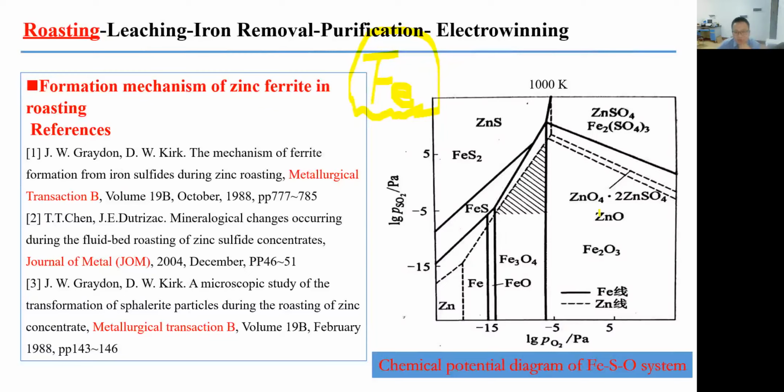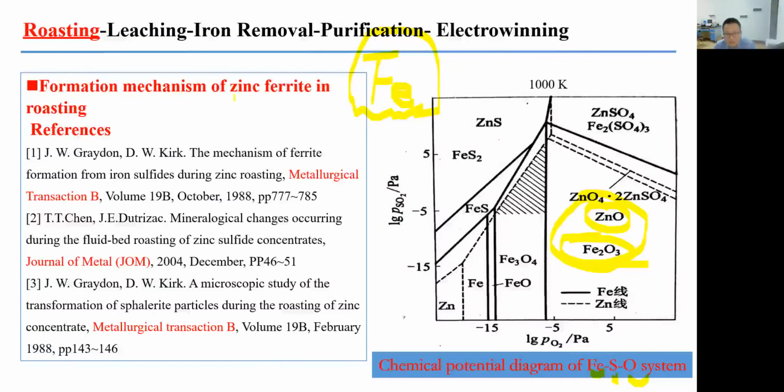As we check the chemical potential diagram of iron, sulfur, and oxygen, if we are producing zinc oxide, the stable form of iron will be ferric oxide, and these two can form a spinel phase.